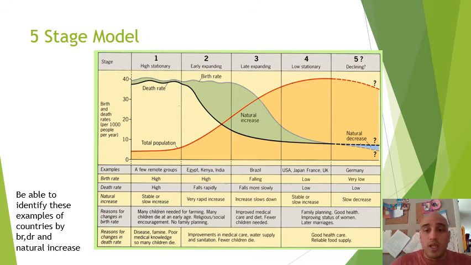So very low in Germany, your death rate is low, but your birth rate is very low, and so you have a slow decrease. Okay, so you need to know this information in these categories. All right, so be able to answer questions in these categories over here.